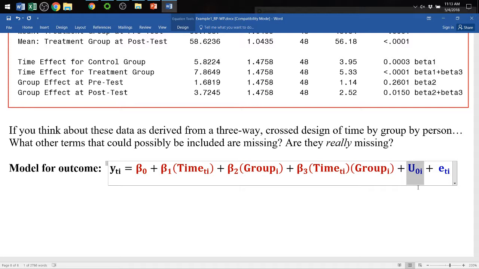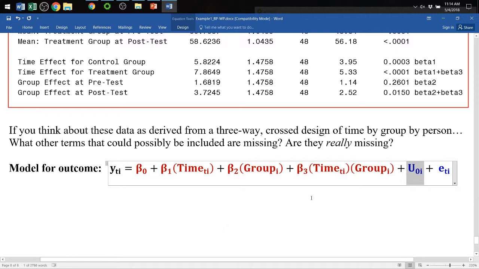So person is a random effect, not a fixed effect. I don't care about person 1 versus person 2 versus person 3. I care on the whole how much they vary from each other as a random sample. So U0 is the idea of a main effect of person. So I do have 3 main effects.